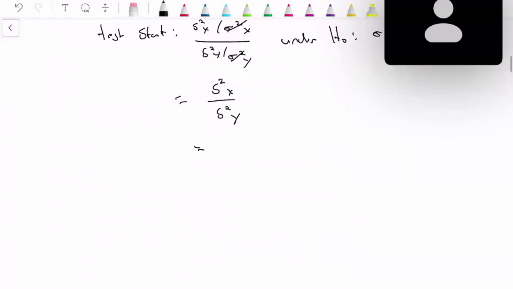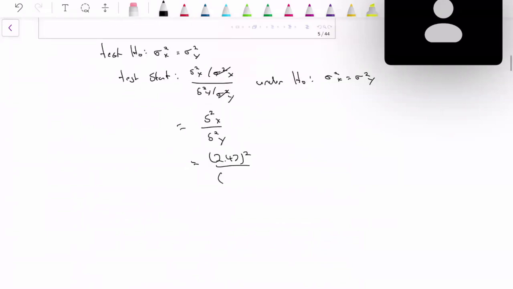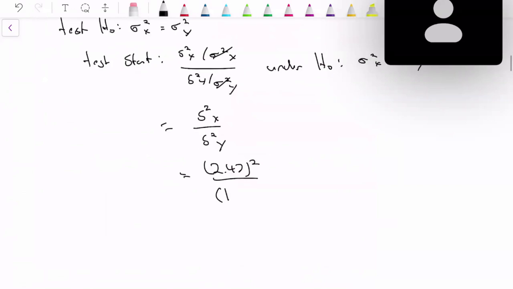It's 2.47 squared divided by 1.94 squared. You put that into your calculator, and you'll get 1.621.